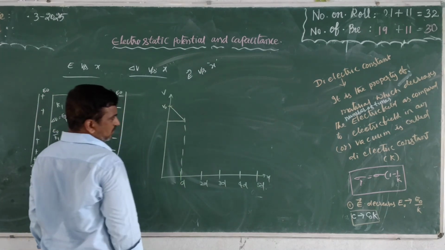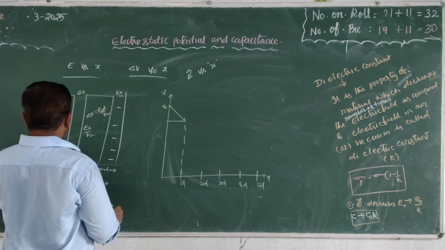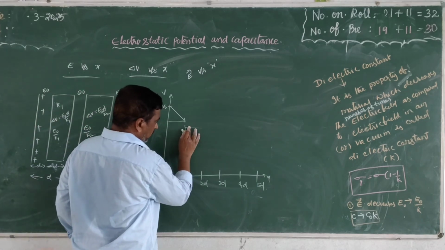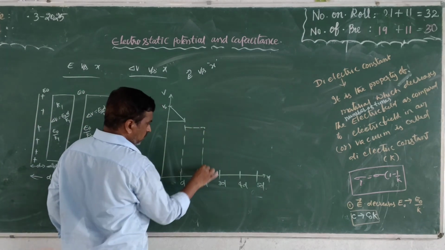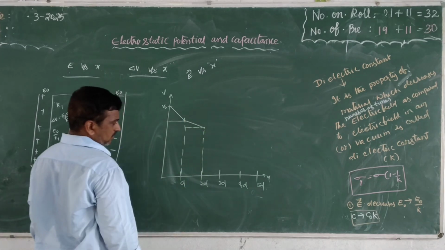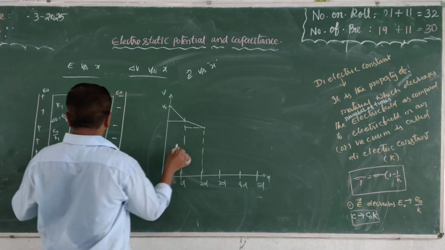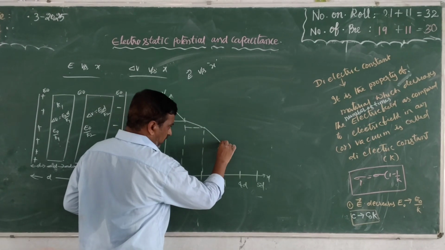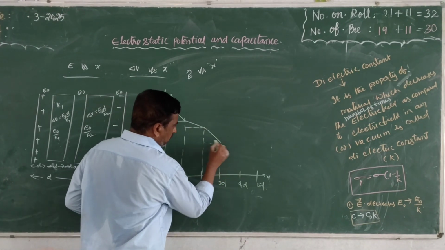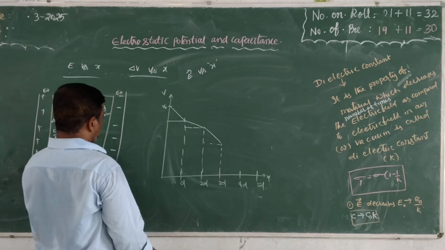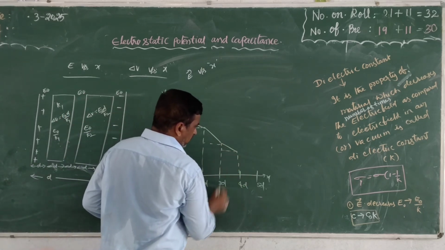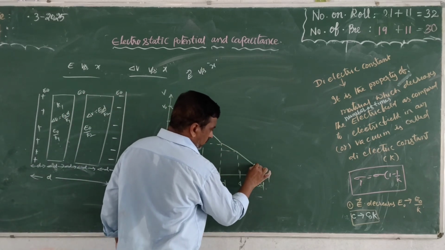Later, where a dielectric is present, the potential decreases, less than before. Again in empty space it is maximum. Again where a dielectric is present, there is a smaller decrease.